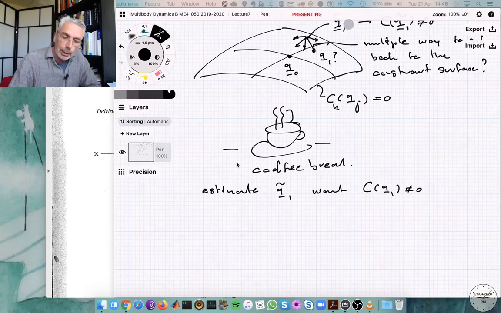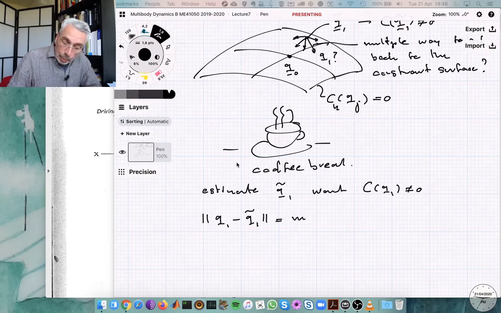So from this estimate to the real solution, we don't want to go this way or all the way back. That would also be a valid solution, but it doesn't really help us. So the shortest way back to the surface, so the norm of this solution minus the estimate 1 should actually be minimal with respect to all these Qj.